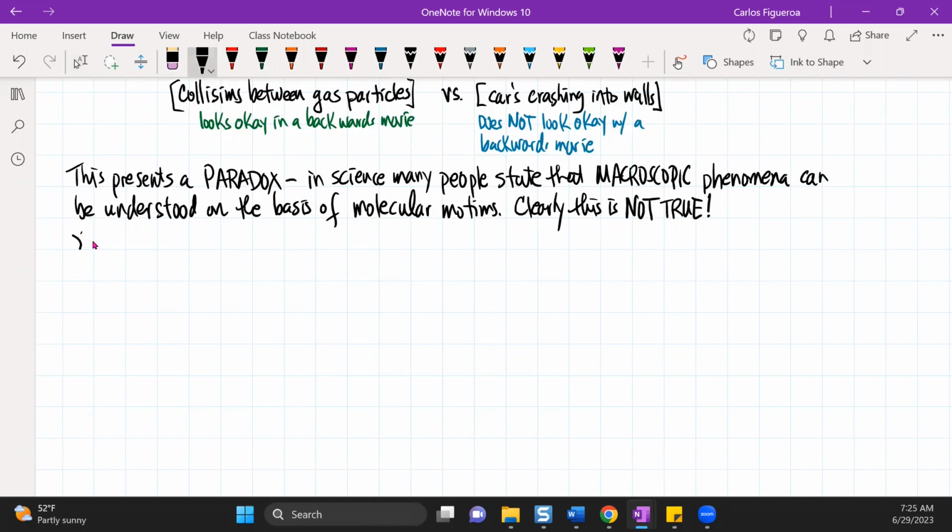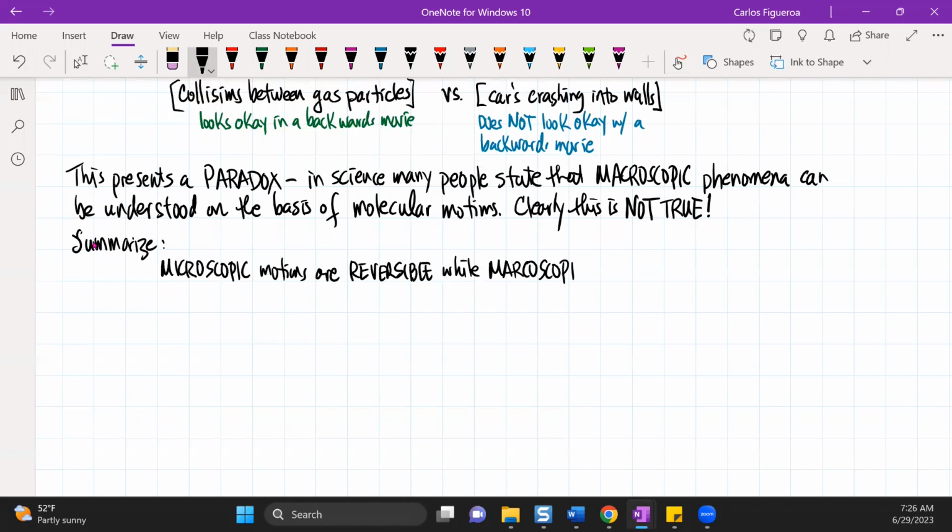So if I was to now summarize what we just said here, we then say that microscopic motions are reversible, while macroscopic motions are irreversible.